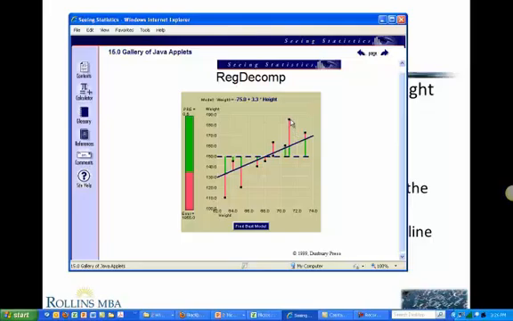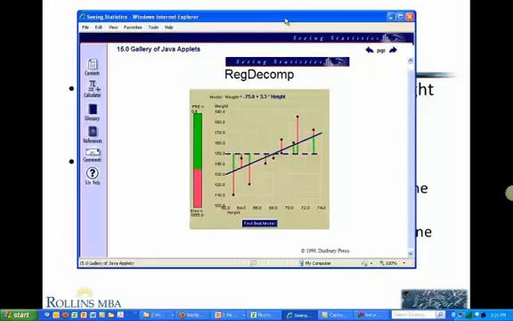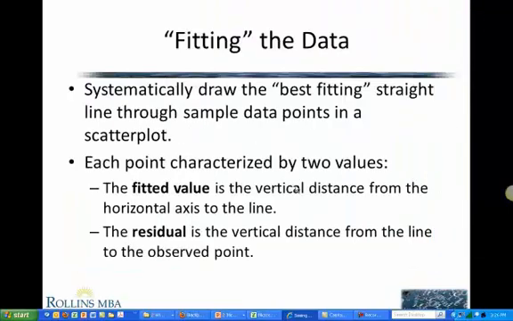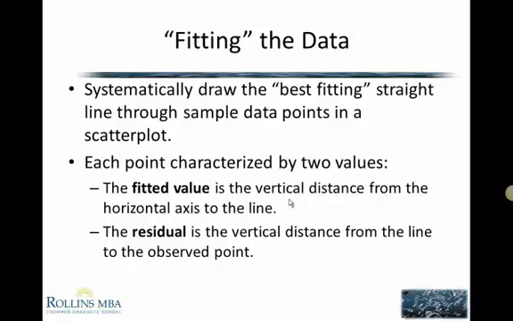That's the vertical distance between the point and that best fitting line. So every point has its y value as a composite of the distance of the line from some horizontal reference, usually the x-axis. In this case, it's not, but usually the x-axis. And then the vertical distance from the point to the line. And that's what we mean by the fitted value and the residual value.